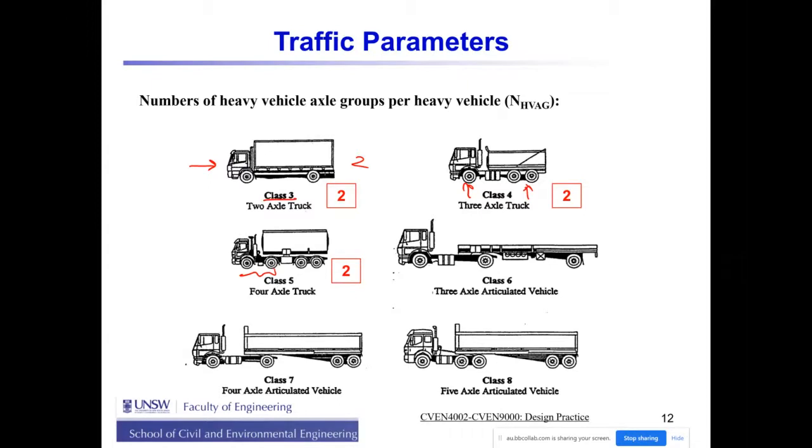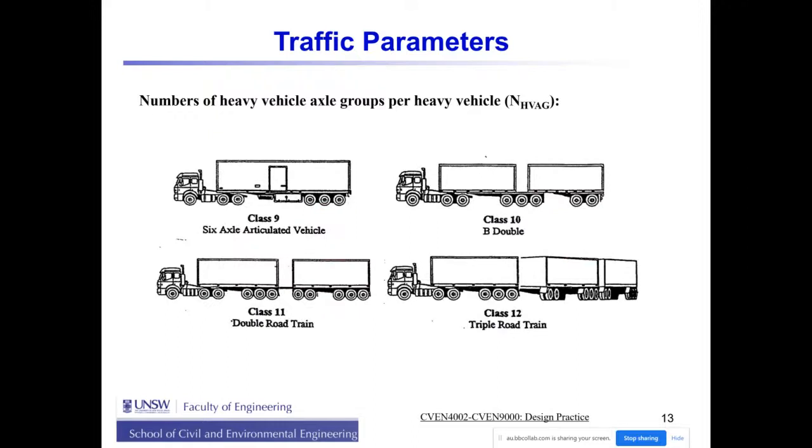For class 6, can you please tell me what is parameter N? It is 3, thank you. For class 7, again it's 3, great. For class 8, again it is 3. For class 9, again it's 3.